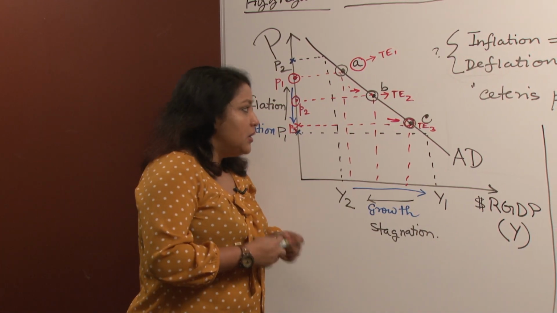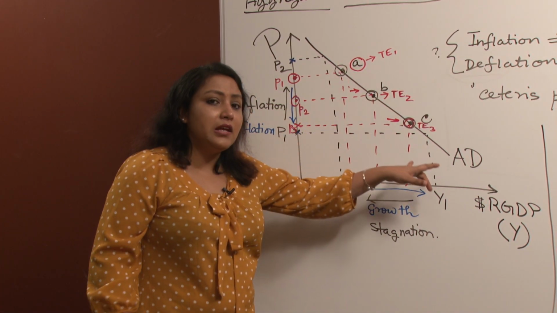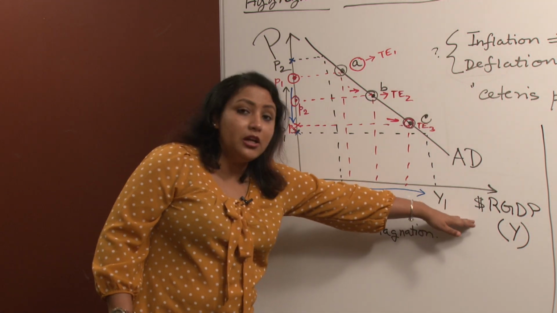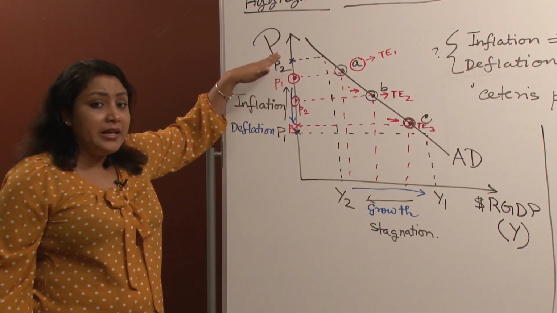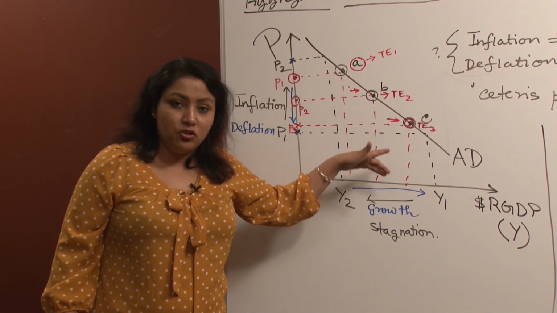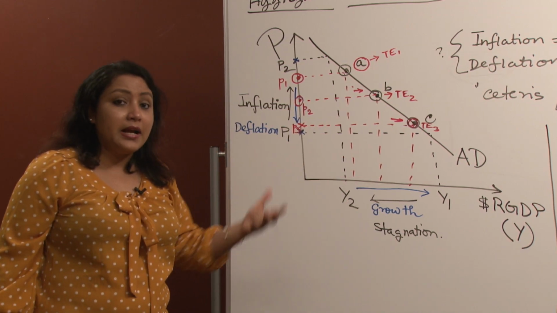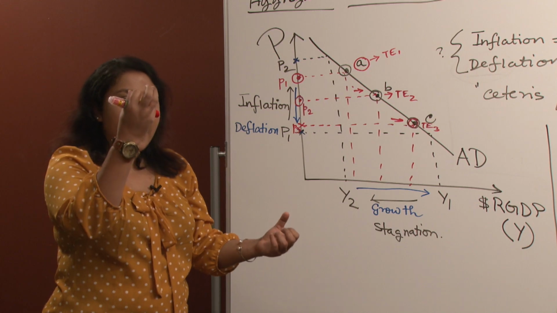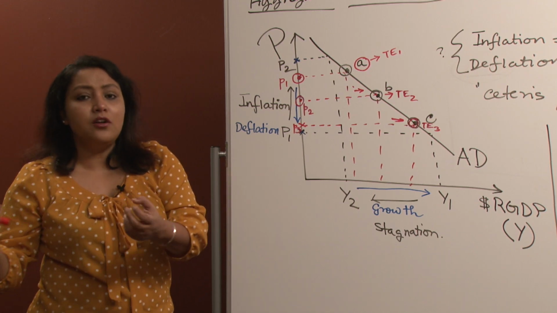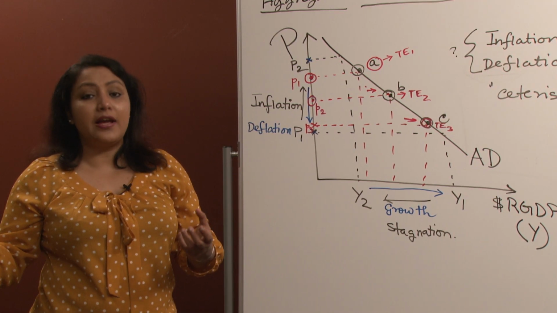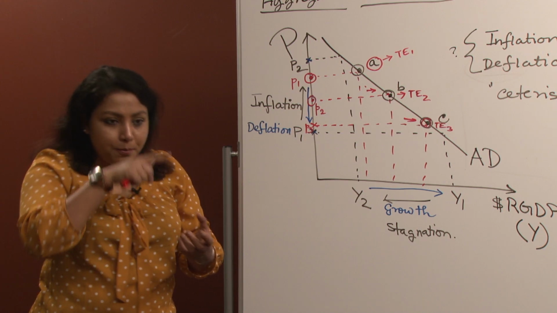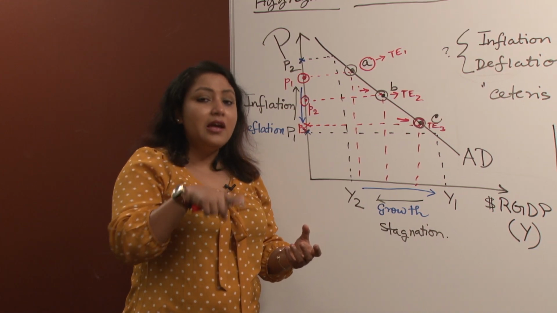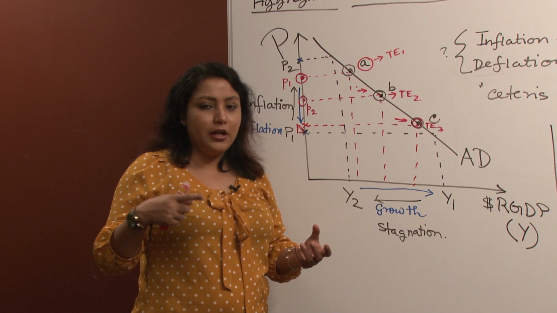So what really defines this inverse relationship between real GDP and the price index is the total expenditure. In other words, as the price index falls, the total expenditure rises, and as a result of that, the real GDP rises in the economy. So what basically fills the gap is the total expenditure of the economy.